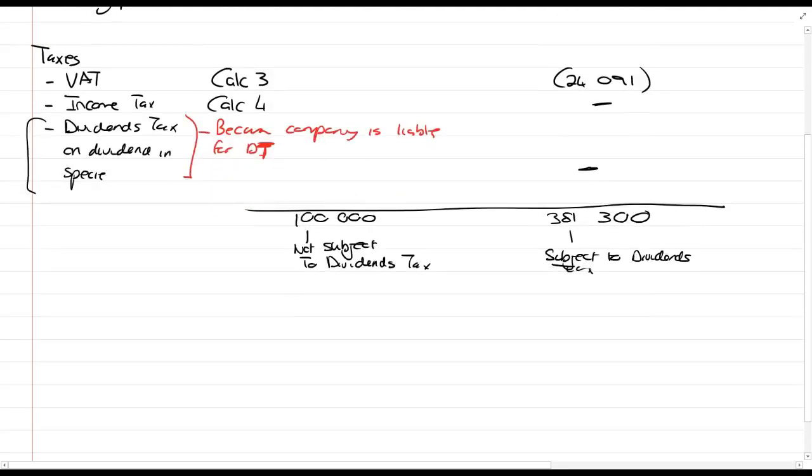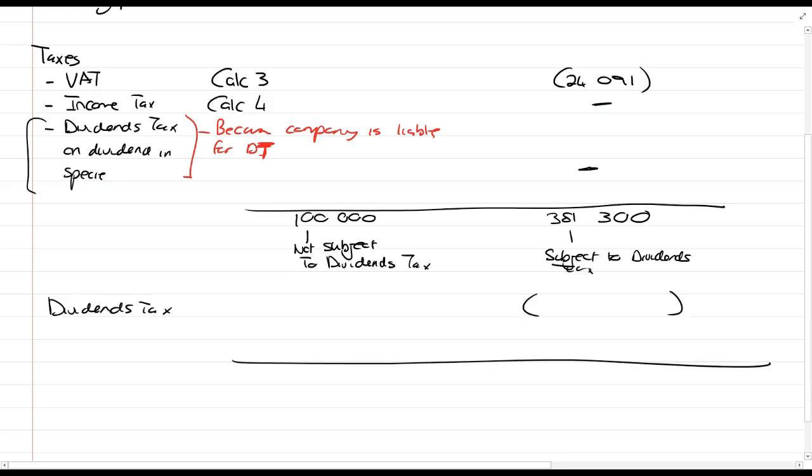Remember, the question requires us to calculate the dividends tax, which is an amount we're going to deduct here, and that will give us the net cash amount. Now, the net cash amount for contributed tax capital we can already include. We have to go and calculate the dividends tax. So we'll call this calculation 6. That's the same as in your solution, but let's just quickly do it.